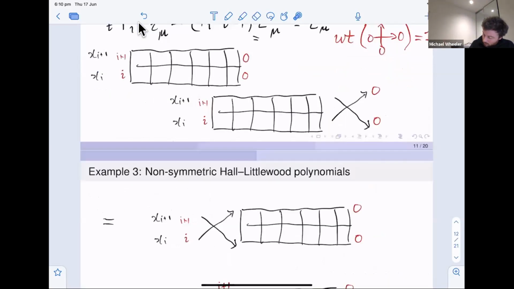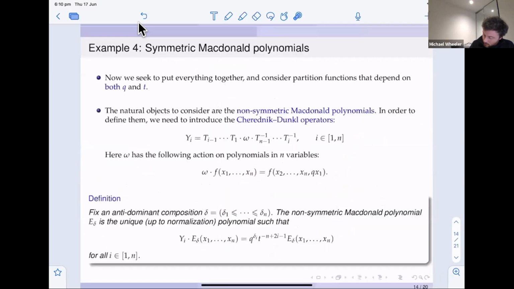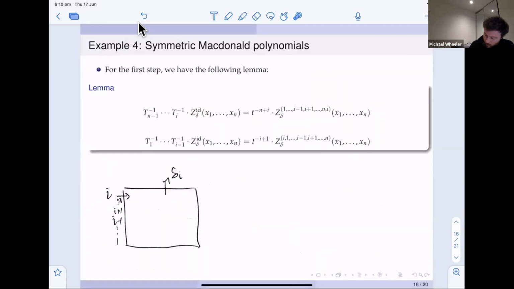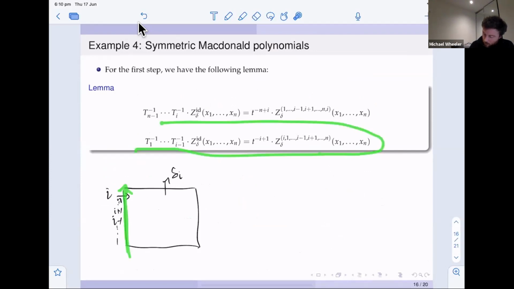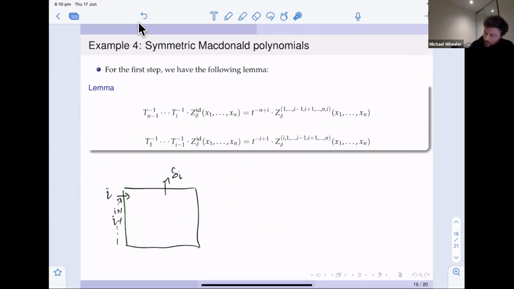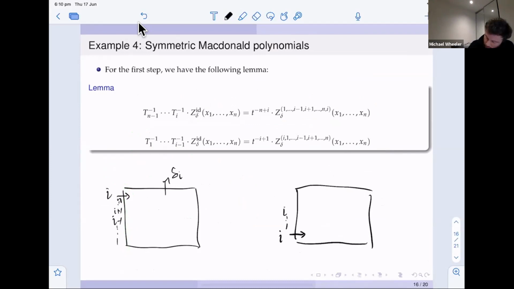So these two statements, namely this one here where I do this permutation, and the second one where I do an analogous permutation, the color i all the way to the bottom, these two statements are easy to prove. Okay, so that's basically how that lemma works. We've really already proved it.